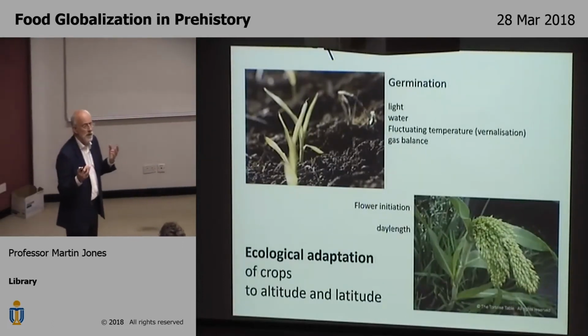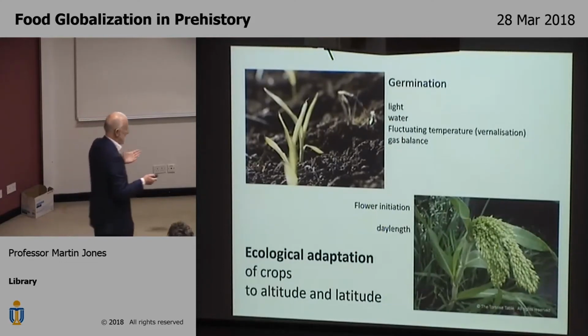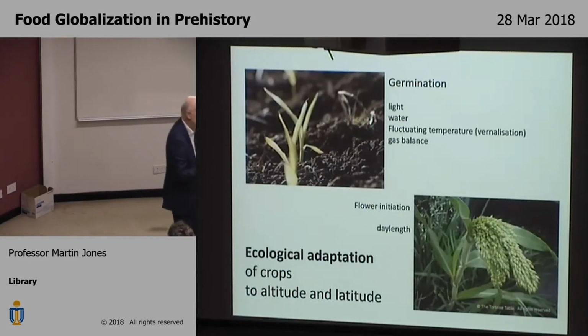And if you imagine moving these crops around the landscape, the plants are getting into ecosystems which are completely different from the ones to which they're adapted. And some of their genes are not going to work. One of the key sets of genes that this is true of is genes associated with seasonality. Now, for things like germination and flower initiation, as we know, plants do it at the right time because they're picking up signals from day length, light, and so forth.